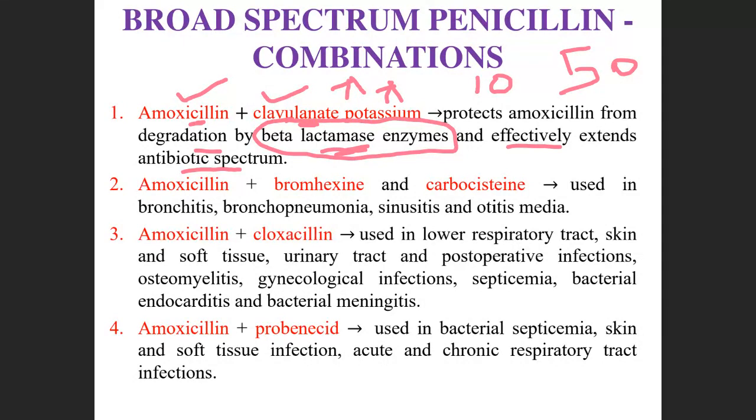Another combination is amoxicillin with bromhexine or carbocisteine, especially for patients suffering from infection in the chest, such as bronchitis or bronchopneumonia, or sinusitis and otitis, an ear infection. The patient may have difficulty breathing, cough, and blockage in the nose and head area.